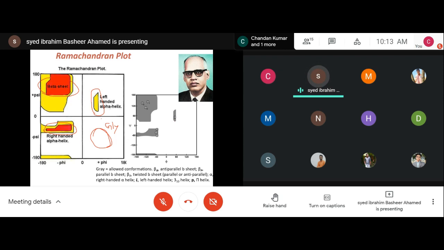For left-handed alpha helix, you can see the phi angle is around 60, and here maybe 50. So different combinations make different secondary structures.